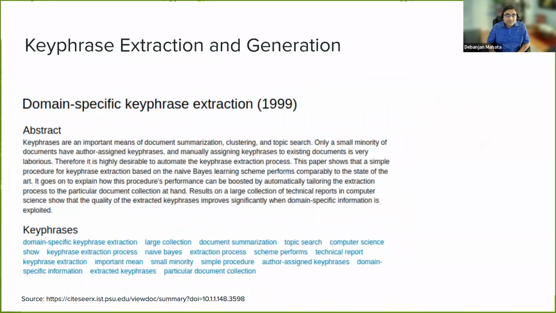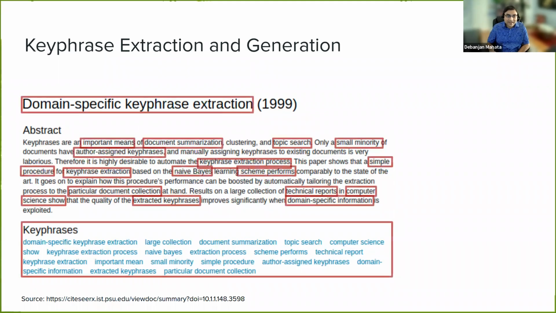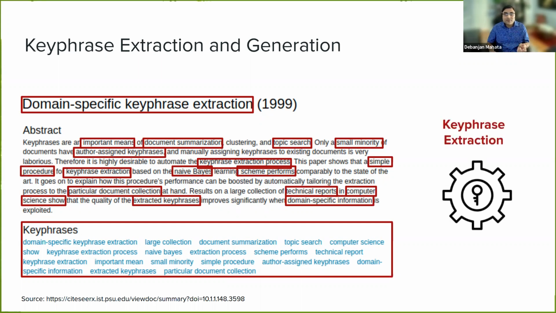Now if you look at the examples again and stare at them a little bit, you'll see that all these key phrases can actually be found in the actual text. These key phrases are what we call extractive key phrases, and the process of identifying these key phrases from actual text is called key phrase extraction.